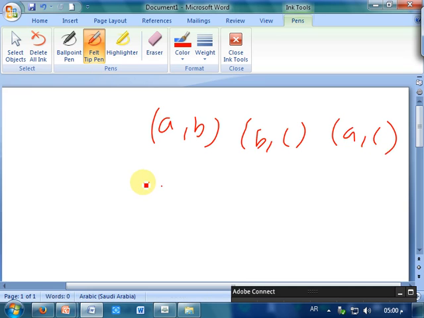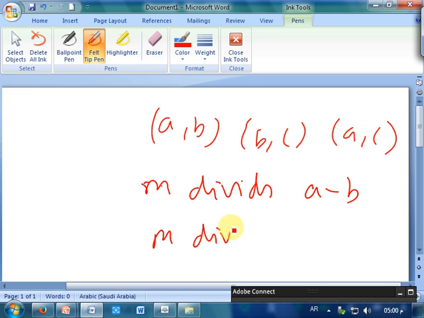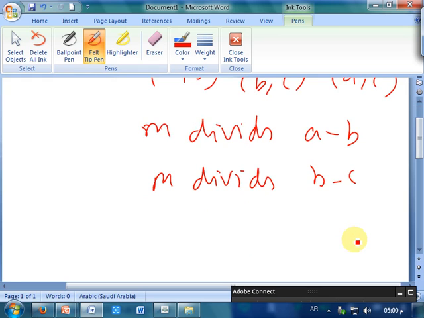If m divides a minus b, and m divides b minus c, then m divides a minus c. Now you can prove again the same.